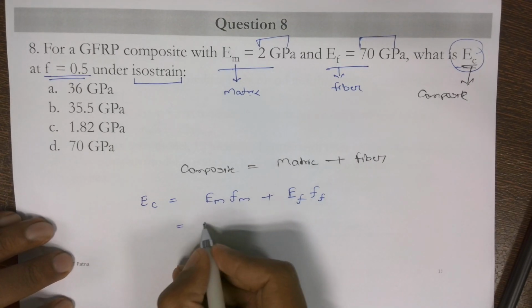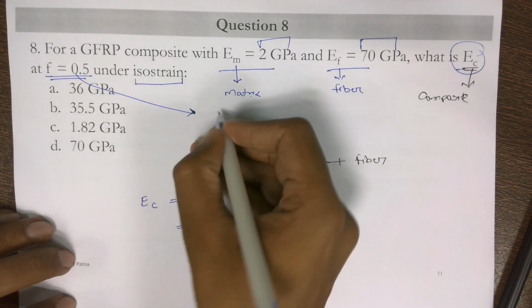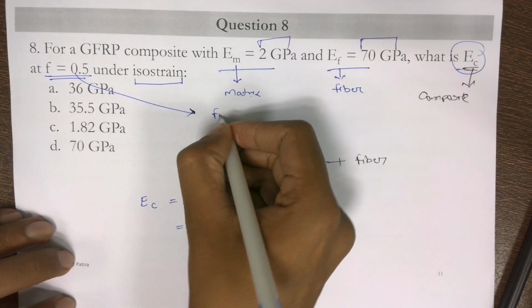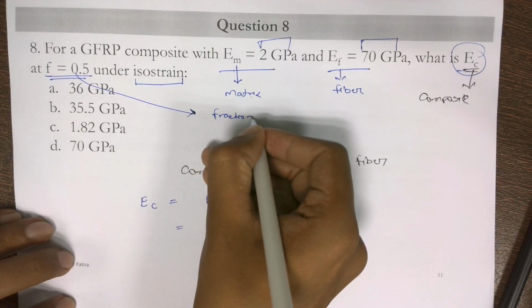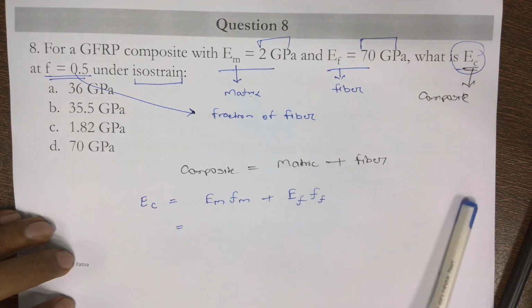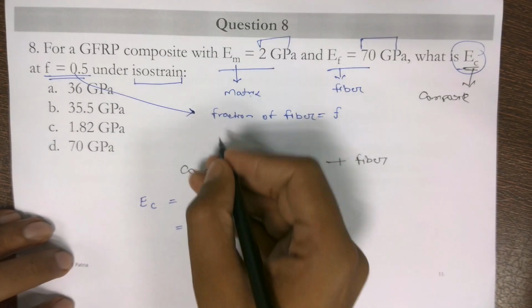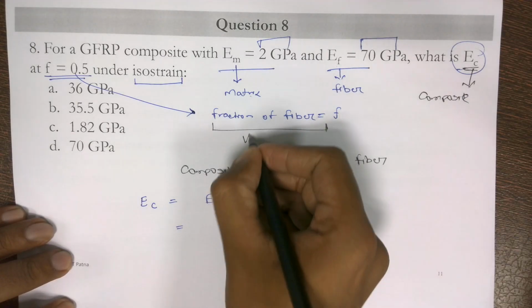Now here we know that whatever the f value is given, it is the fraction of fiber. Very important, people usually forget that this fraction of fiber is a volume fraction.